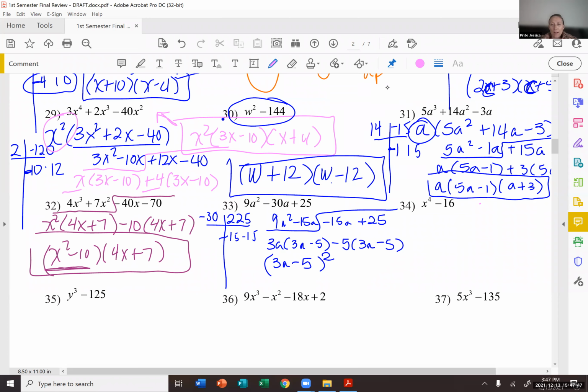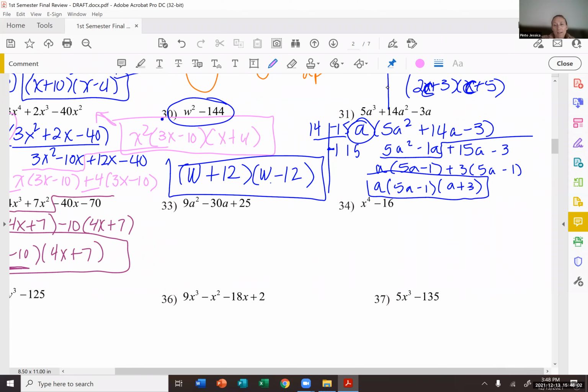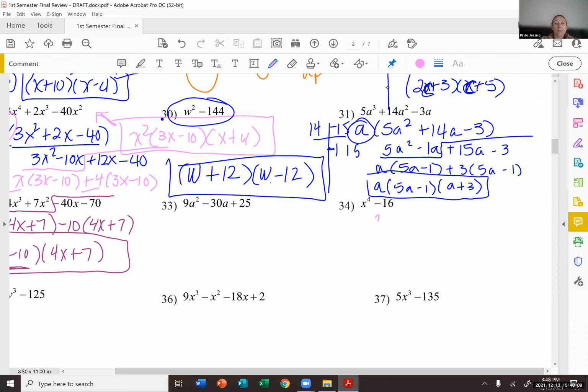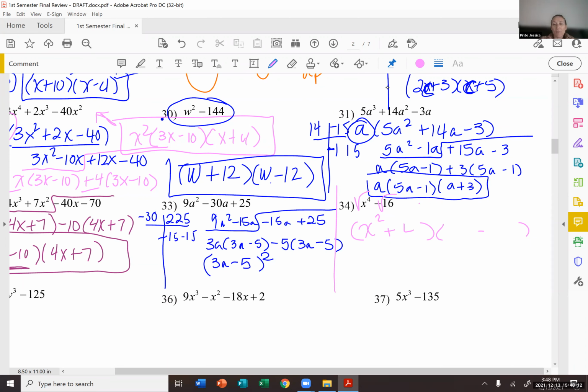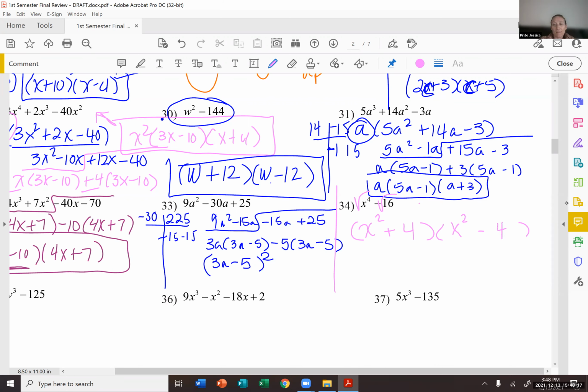Okay, 34. I look at 34 and I can see that that's an even exponent, not a 3. So it's the difference of 2 squares binomial. Taking the square root of both of them, I get the plus and the minus. So the square root of x to the 4th is x squared. Square root of 16 is 4. And then this one has a chain reaction.